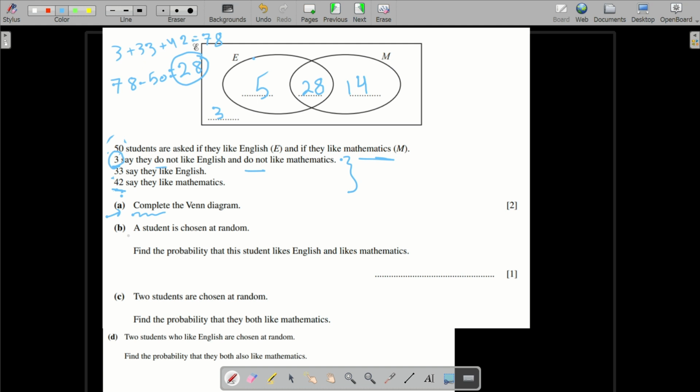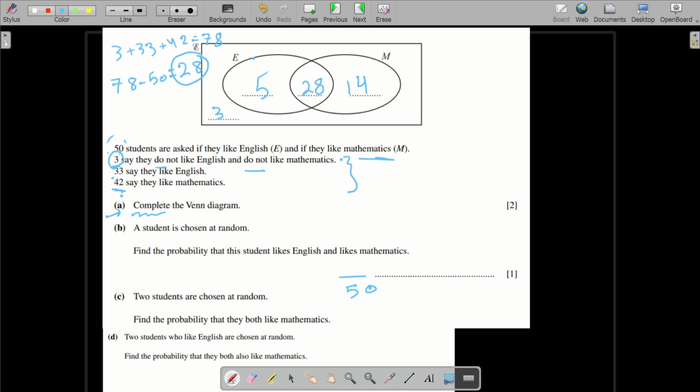Now let's take a look at question B. A student is chosen at random. Okay, he didn't mention from which group. That means from the 50 students, and this is very important to know. A student is chosen at random. He didn't mention from English, he didn't mention from mathematics, he left it blank here, so that means it's over 50.